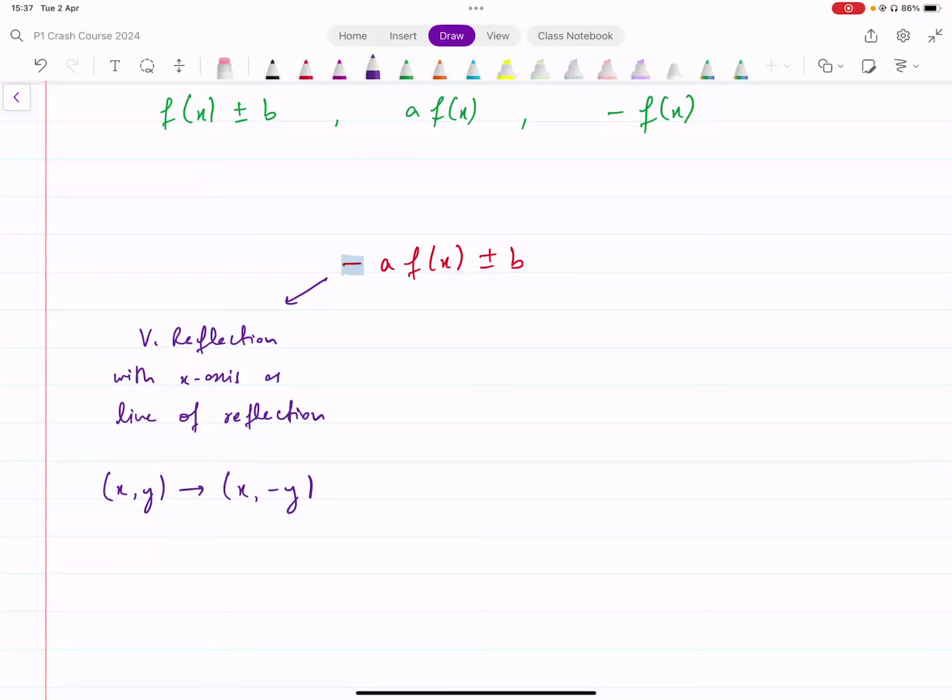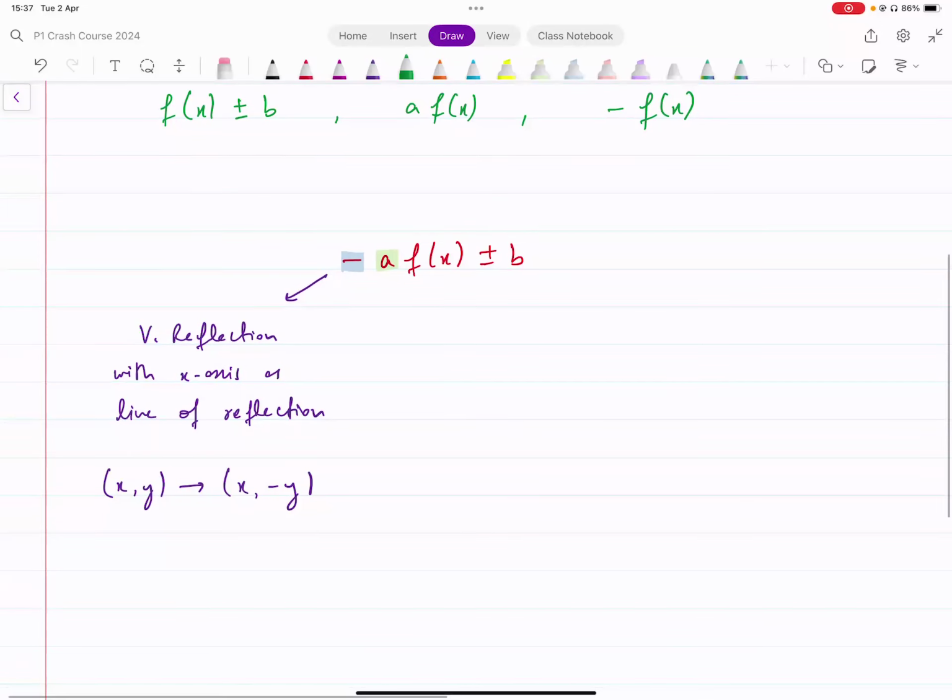Then you have stretch. That's the second transformation that we've got here. A. When you multiply by a number, you have stretch. Now in this case, you can say it's a vertical stretch.